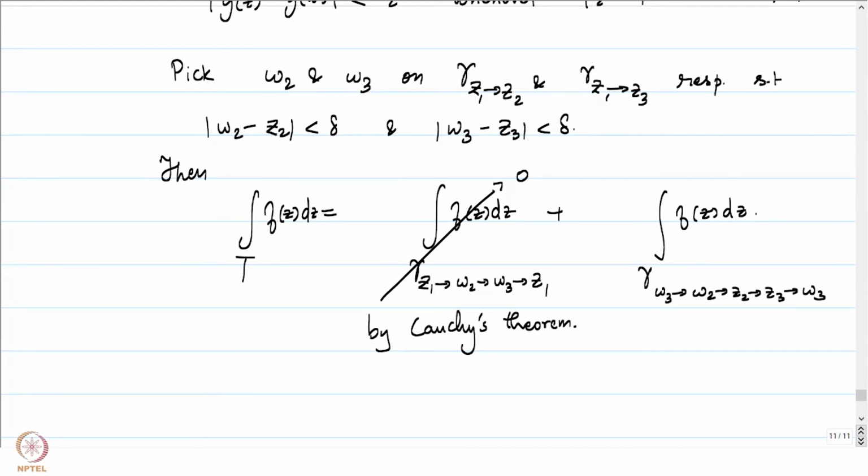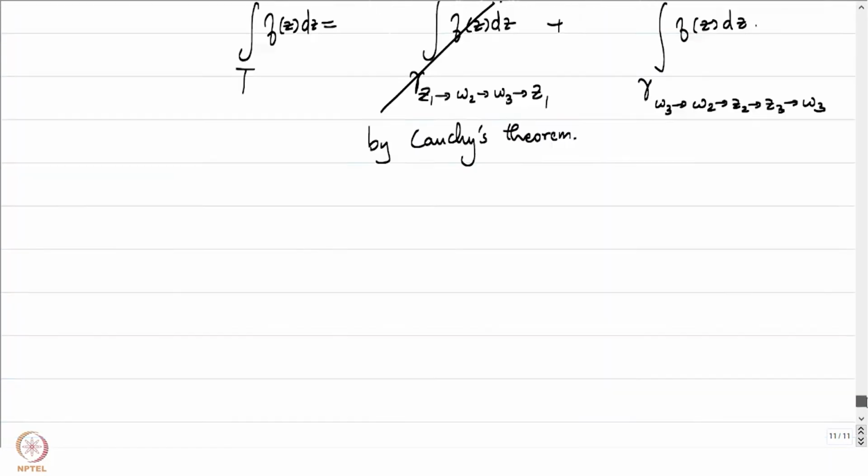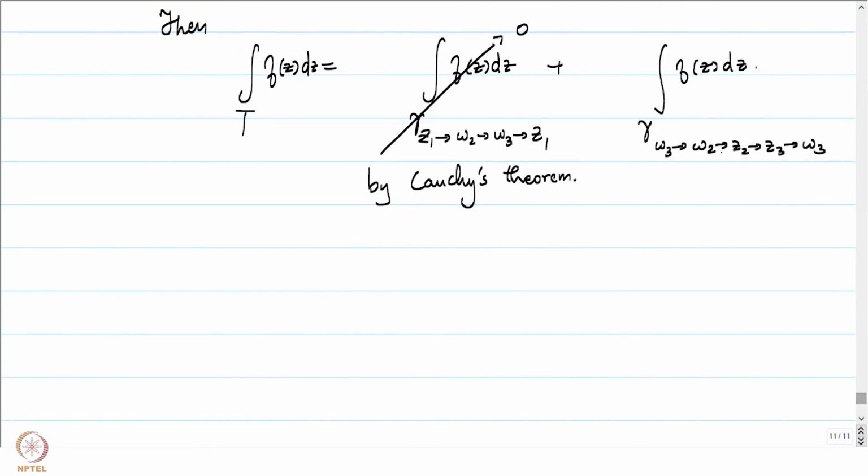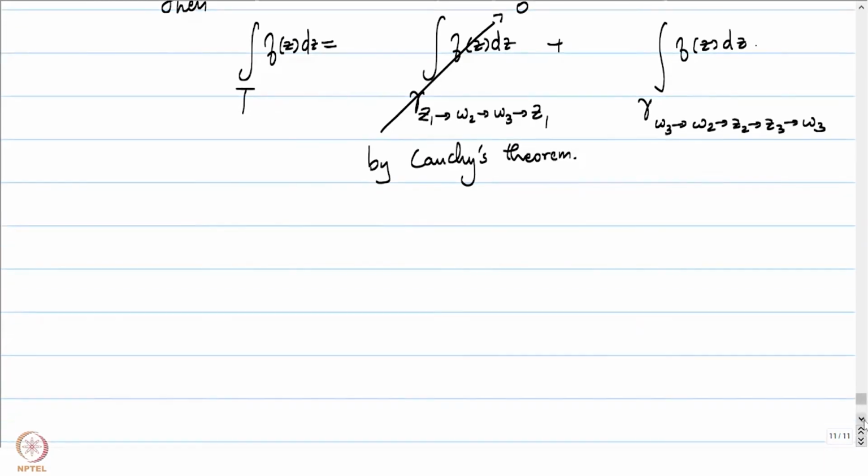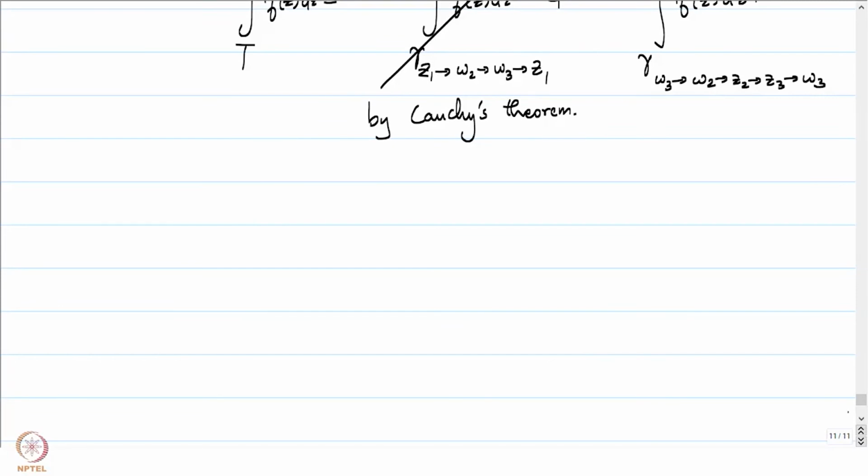So, what remains is the integral over the polygon gamma W3 to W2 to Z2 to Z3 to W3. Let us now try to see what that particular integral is. That is exactly equal to the integral of f over gamma W3 to W2 to Z2 to Z3 to W3.